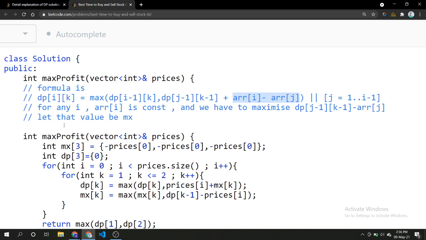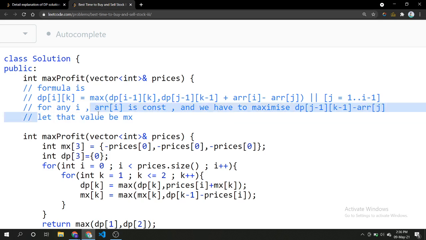Now we can clearly see that for any i, this value is constant, and only this one value is varying. So we can just maximize this value for every i and find our answers.